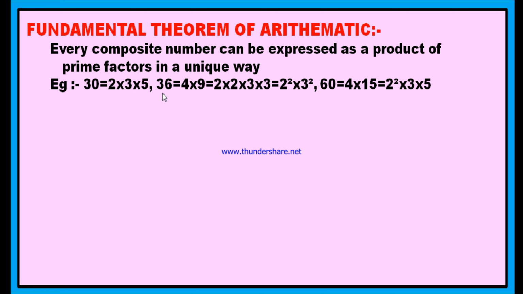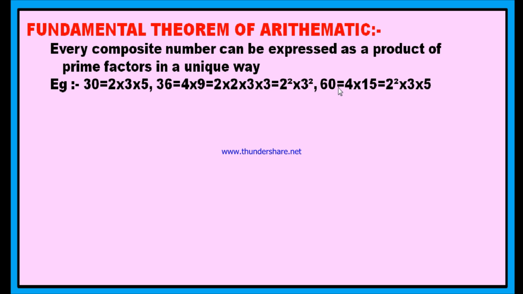Similarly, look at 36. You can write 36 as 4 into 9. This 4 is 2 into 2 and this 9 is 3 into 3. 2 into 2 is 2 square and 3 into 3 is 3 square. Therefore, you can write 36 as 2 square into 3 square. We can write 36 as the product of prime numbers in only one way.